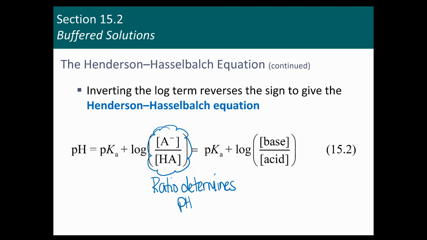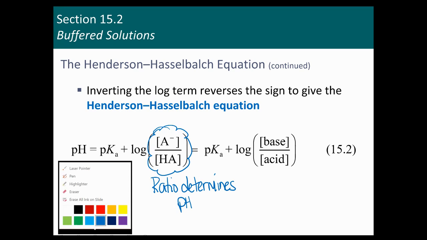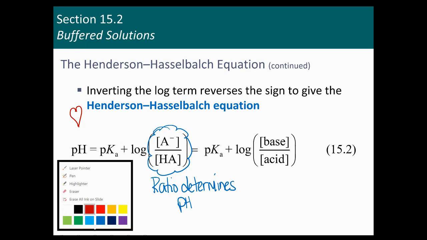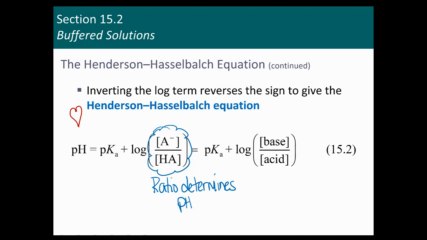Can you tell that I really love Henderson-Hasselbalch? I'm such a nerd, but it's the best equation. It just makes our life so much easier. And what it will do for us is that we can just plug directly into that equation after we figure out what's going on in the buffer.